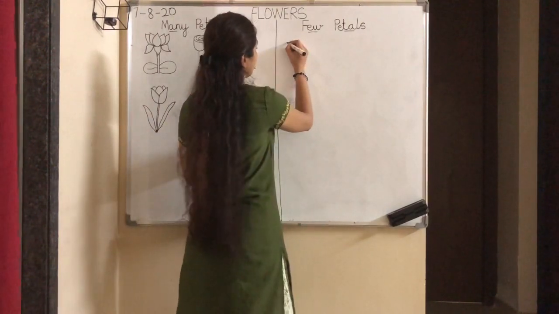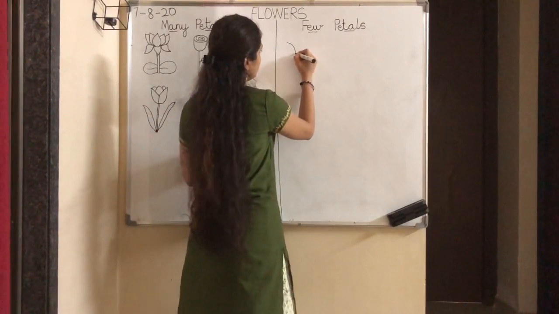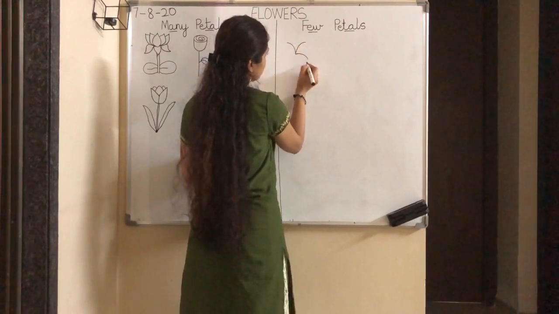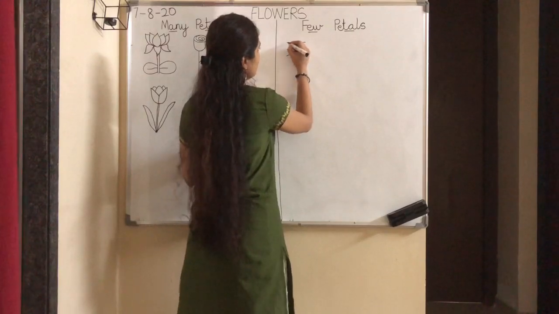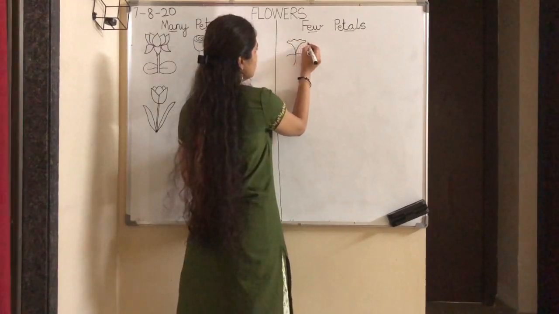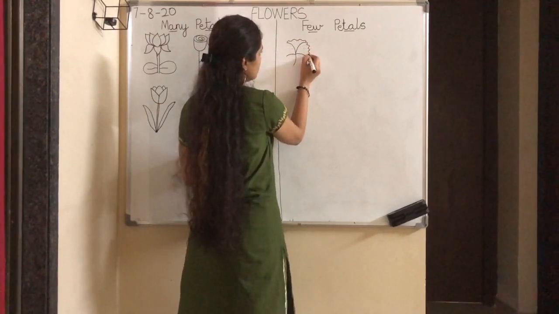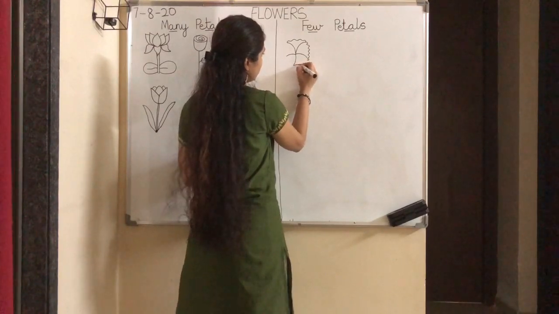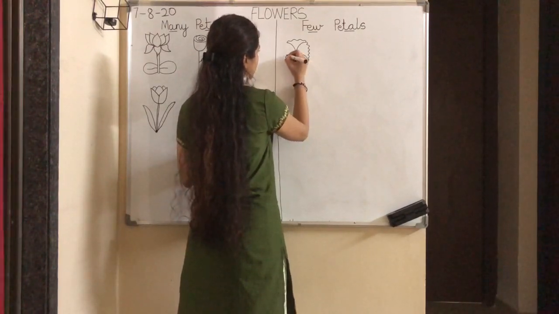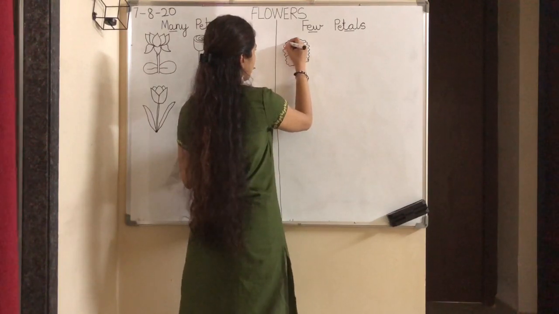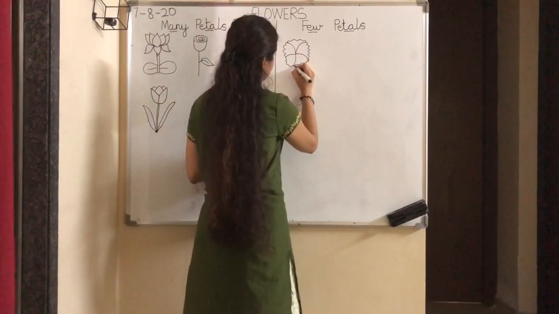Come on, draw. One line here, down, side. Now draw the zigzag pattern on top like this. Then you draw the stem.